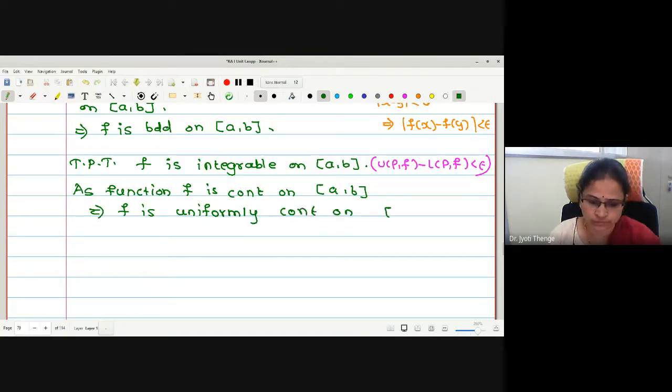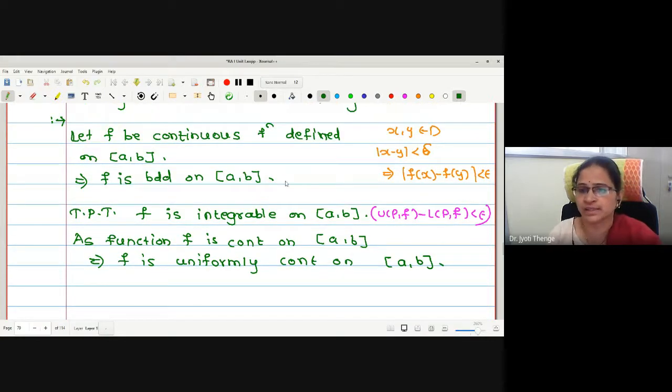Now according to the definition of uniform continuity, this we wanted to write. But epsilon we wanted to reserve for the condition of integrability. So instead of this epsilon, may I write some eta, some positive number? Eta I will write instead of epsilon.